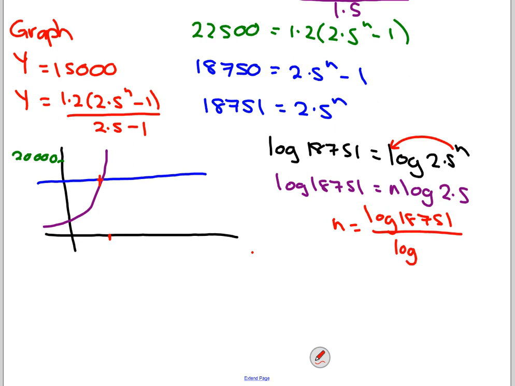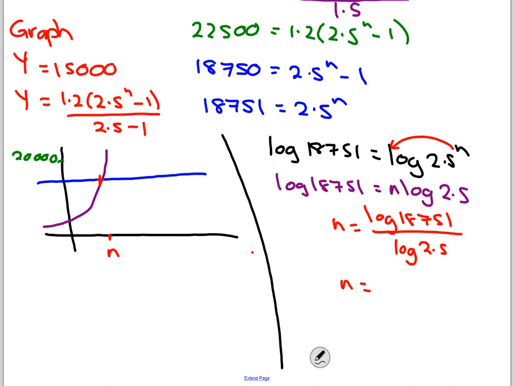And of course that's one that can't be done without a calculator anyway. It's not an easy one to do. So you should get the same answer. So if you graph it and you find out what the x coordinate of the intersection point is, you should get the same answer in theory as if you use the log version. So it's good just to be aware that there's more than one way of doing it. But this for sure would be a calculator problem.